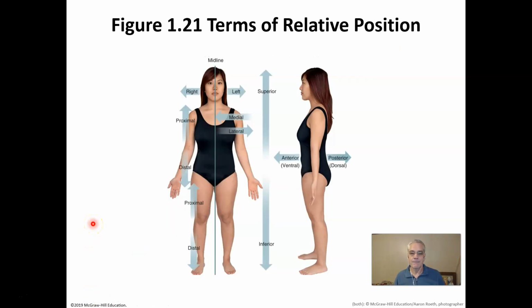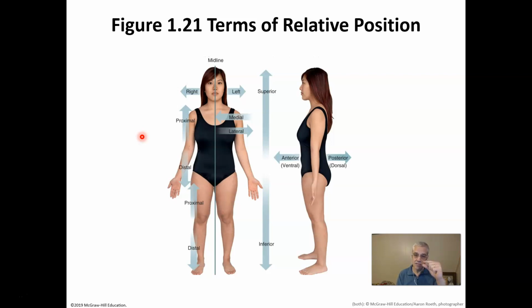Here they are. Terms like, for example, medial and lateral, can be 1 millimeter apart. If something is 1 millimeter closer to the center of the body, it is medial to the other thing that is in the lateral direction. Medical reports are full of this kind of terminology. Cram-packed. Medial and lateral, proximal and distal.